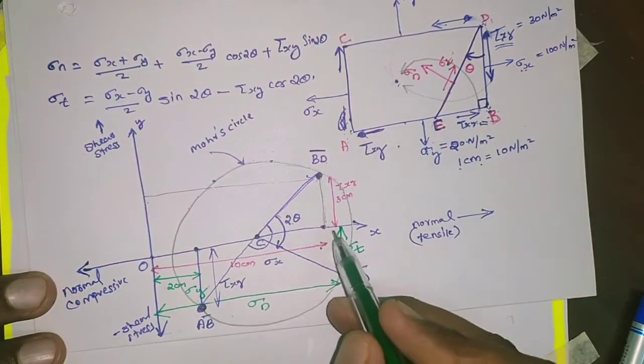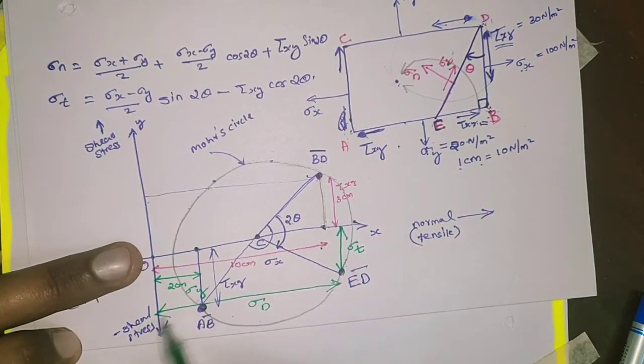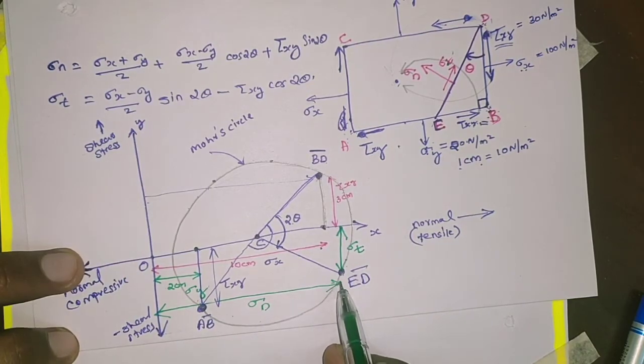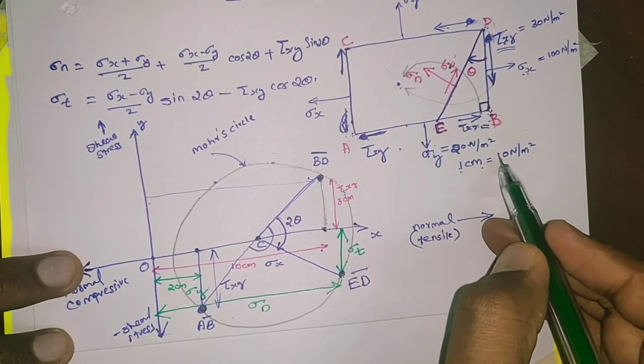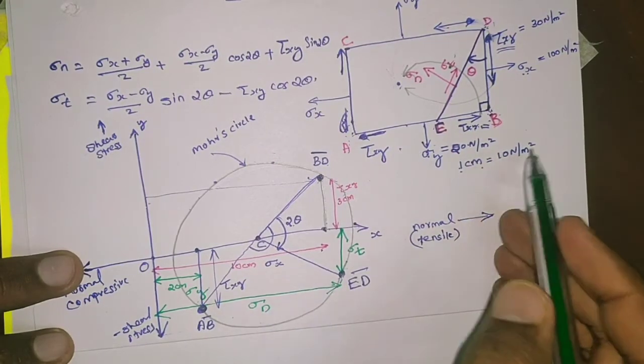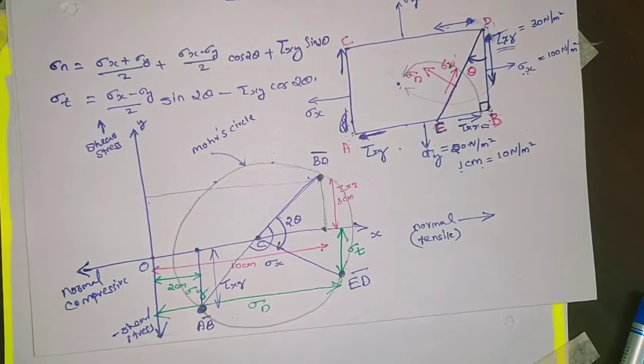Already sigma x is 10 centimeter, so this will be higher than 10 centimeter. Then 11 centimeter is equal to 11 into 10, 110 Newton per meter square. Sigma n is equal to 110 Newton per meter square.